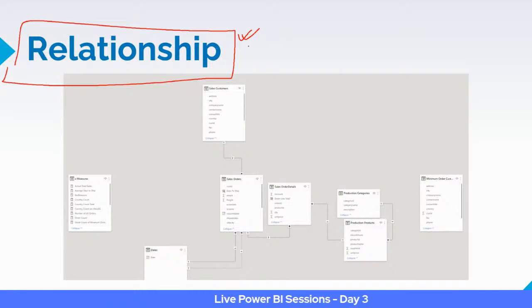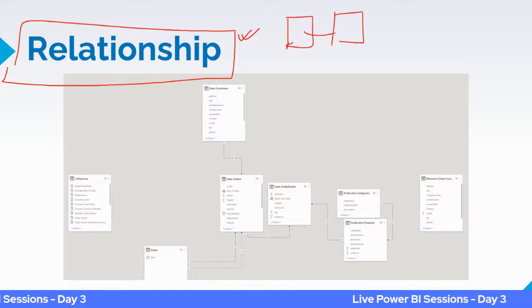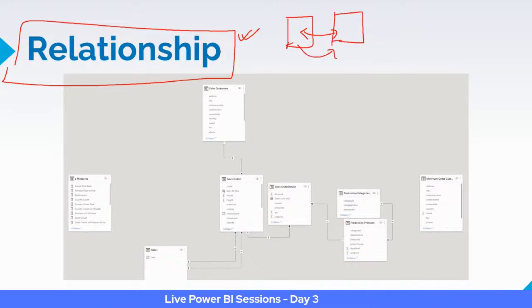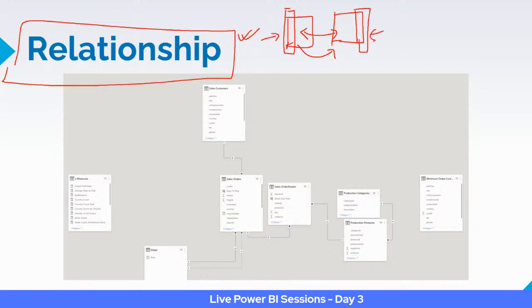Relationship is an English word, right? So relationship means relationship. So if you are working on two tables, how these two tables are related to each other? They could be related using a primary key. So a column which is customer ID could be a primary key in this table. That customer ID could be visible here.